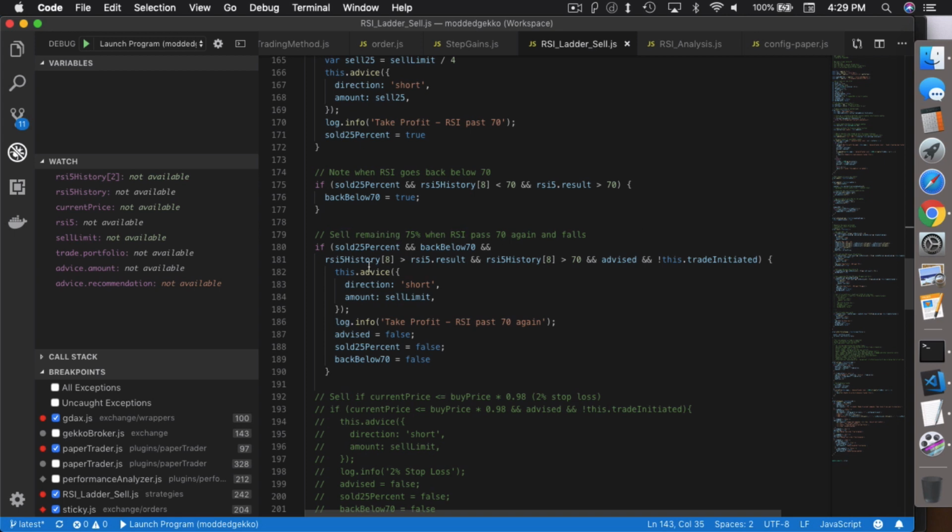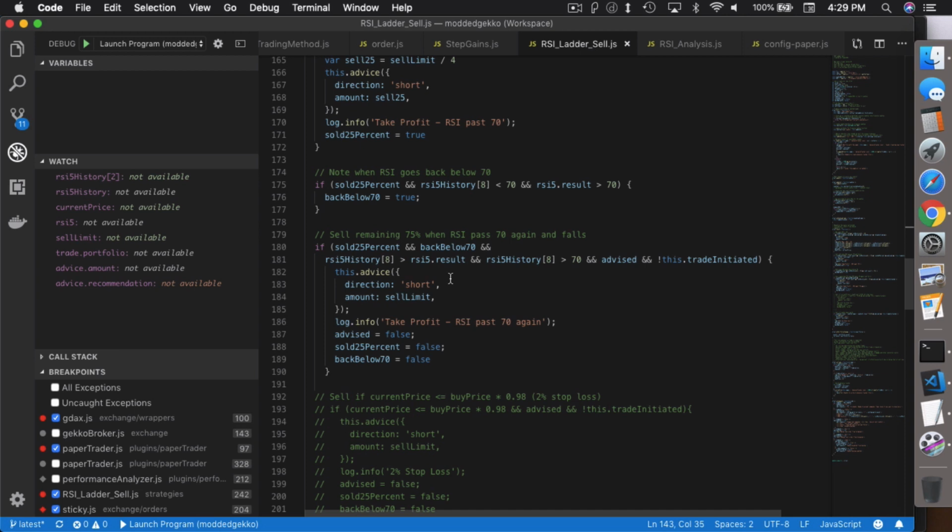In this case, if sold 25% is true and back below 70 is true, and the previous candle is greater than the current candle, meaning that this particular statement right here, it won't happen in the same candle. These two won't happen in the same candle. This will happen in a previous candle, and this could happen in the current candle.